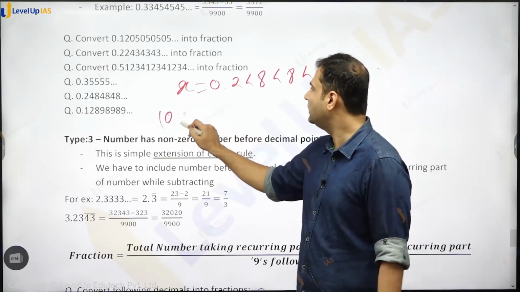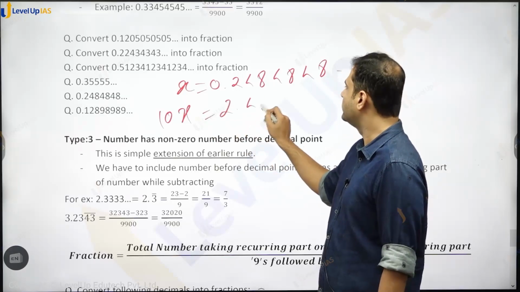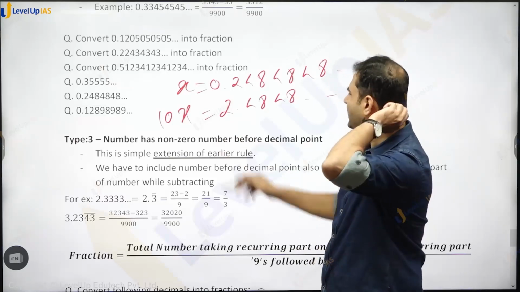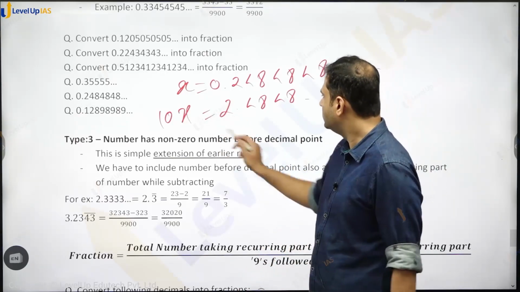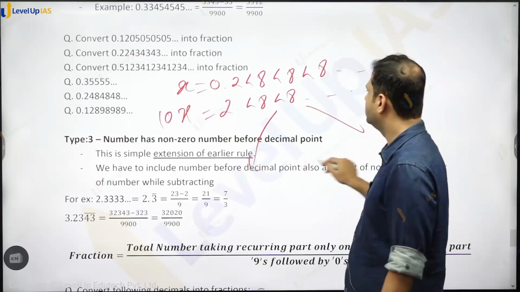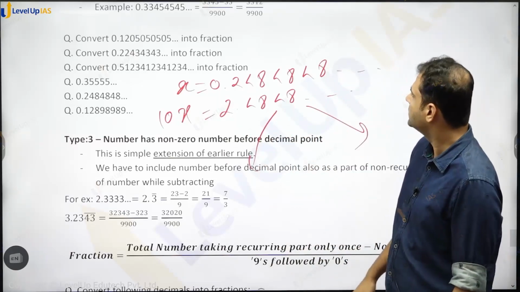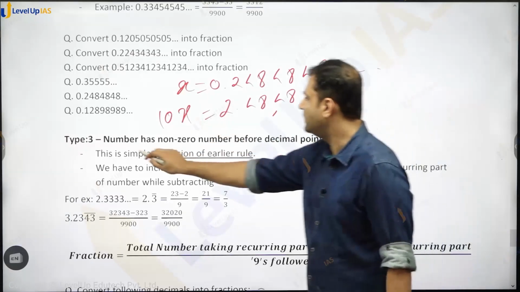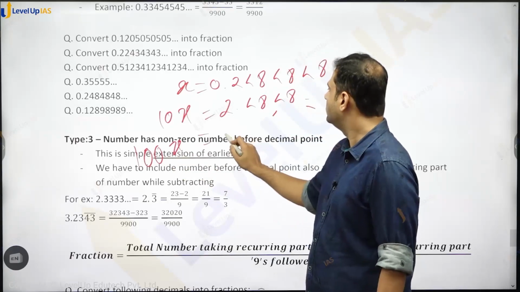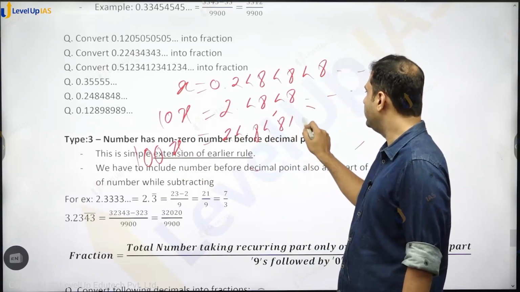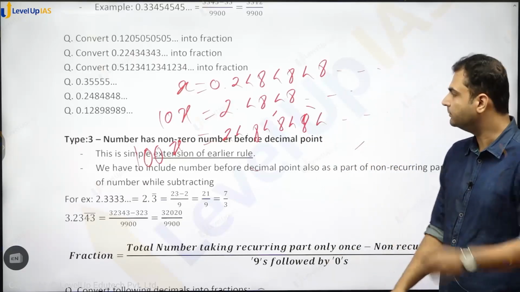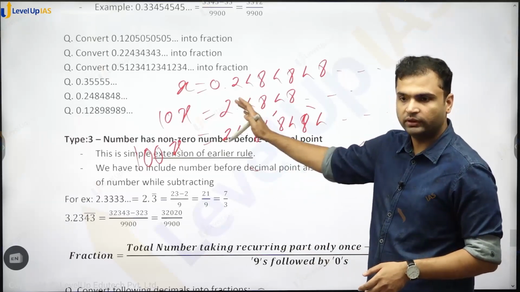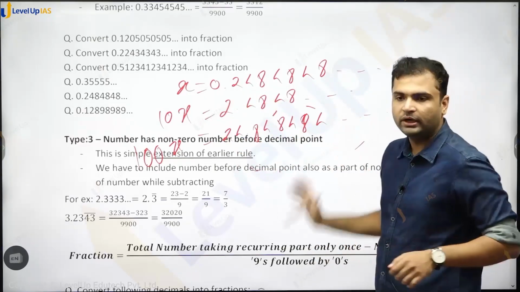So I multiplied by, let us say 10 first, I'll get 2.484848, and alternatively I multiply by 100, then 24.848484 is coming, right? Okay, ultimately both will cancel. When I multiply and subtract, the repeated part will get canceled.